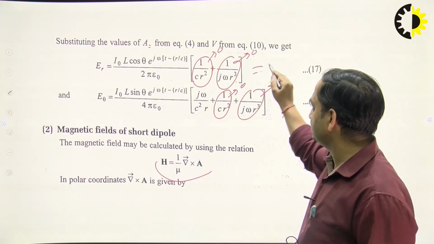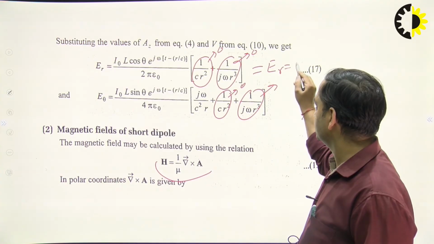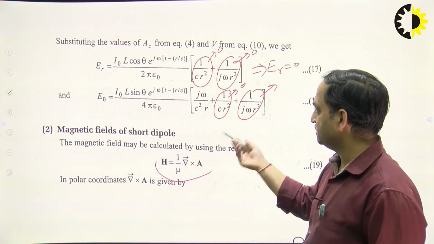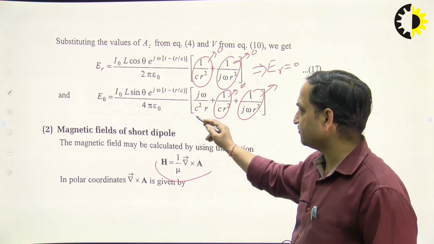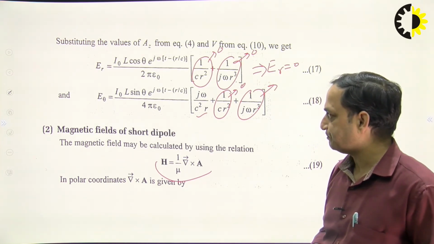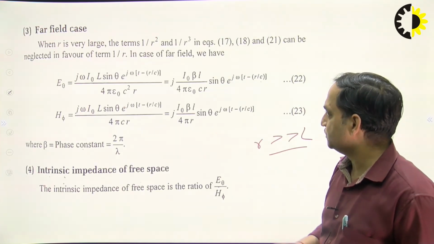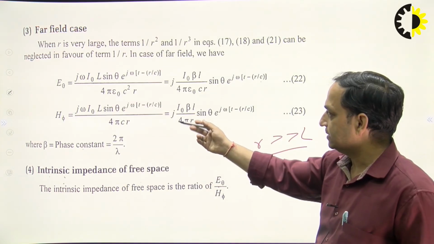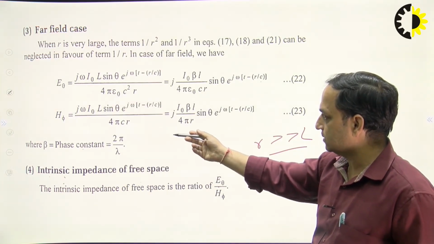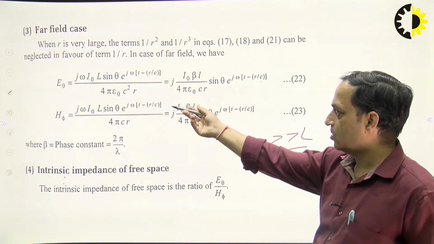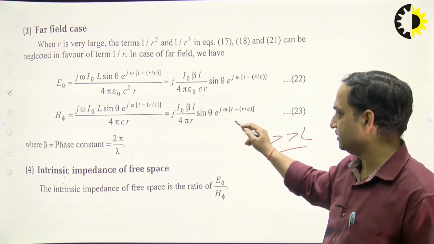So it shows that ER will be equal to 0 in this case, but E theta will have some factor of R. That is why only E theta and H phi are present, and ER is not there.